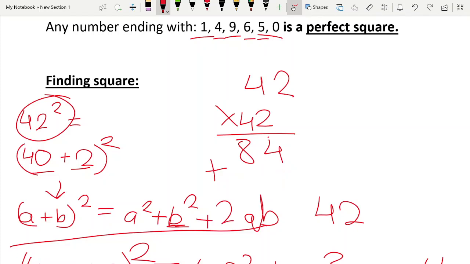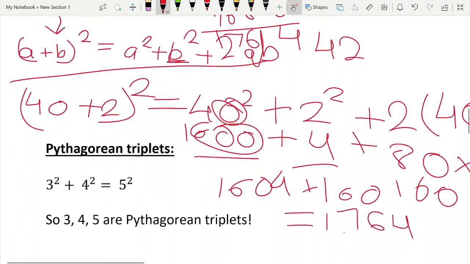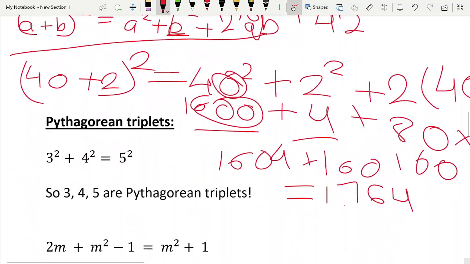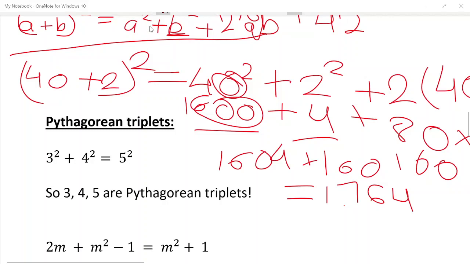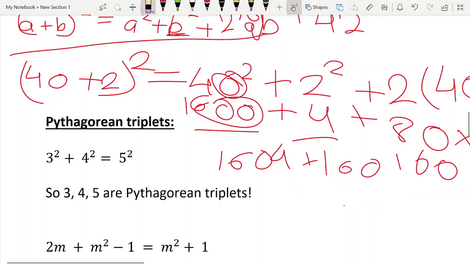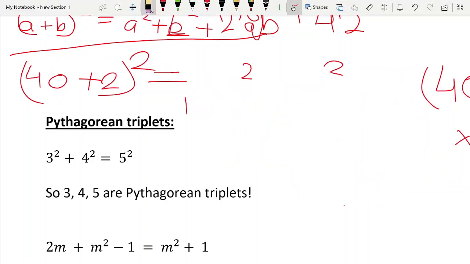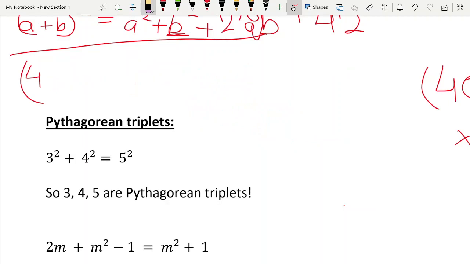Then 4 times 4 is 16. So we get 1764. And we've got 1764. So hope you understood that. Let me just rub it out because it's getting a bit messy. So that's how you can figure it out.